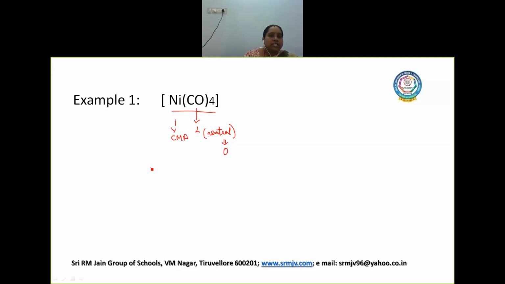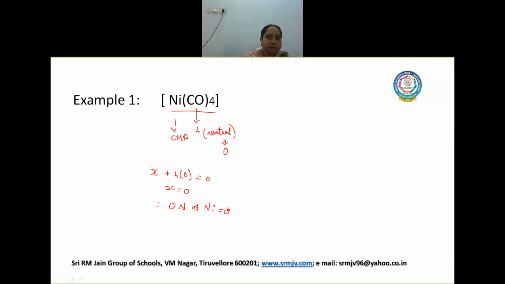We know that oxidation number is the sum of the charges of the ligands present around the central metal atom. Here our central metal atom is nickel, whose oxidation number we are going to find out. Let us take it as X. How many carbonyl groups are present here? 4, whose charge is 0, and there is no residual charge on the sphere, so it is 0. So X is equal to 0. Therefore, the oxidation number of nickel is 0.